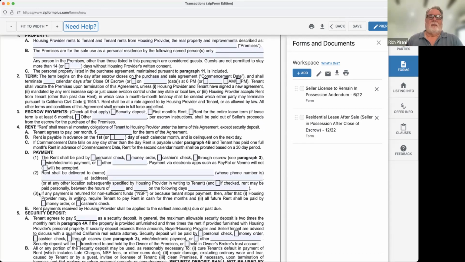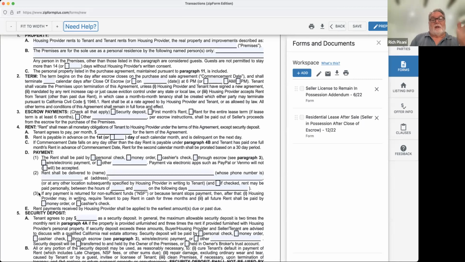Rent for the second calendar month shall be prorated on a 30-day period. So basically what that's saying is that if you want rent to be due on the 1st, but it closes escrow on the 20th, and you've collected the first month's rent, well, the first month's rent was only 10 days. So then things will be prorated from that point on for that month.